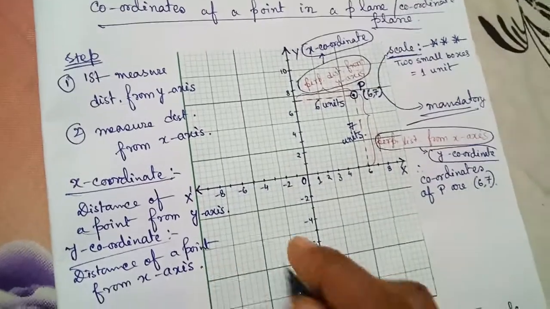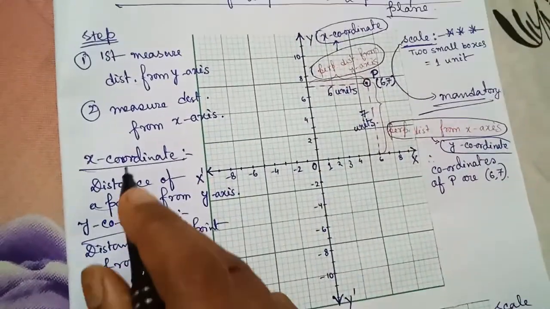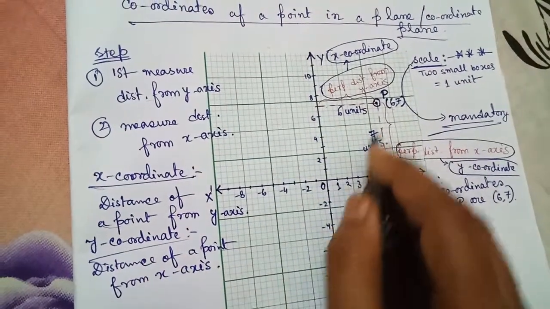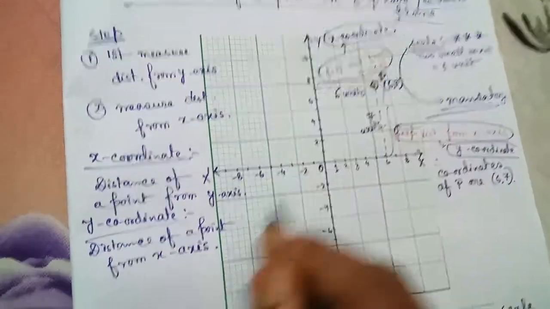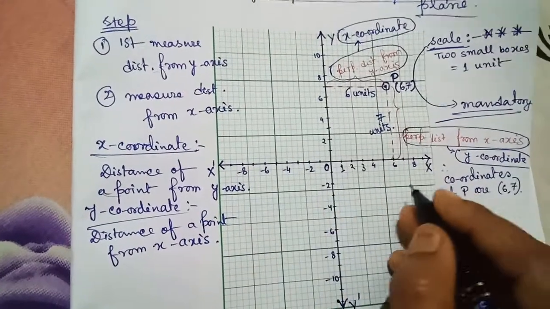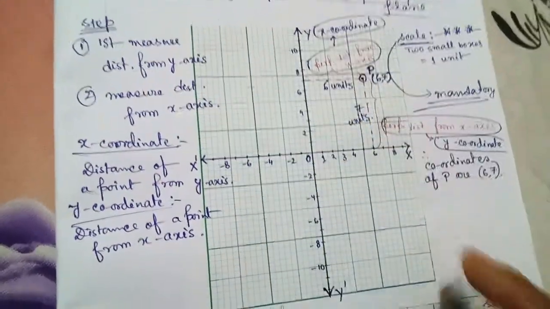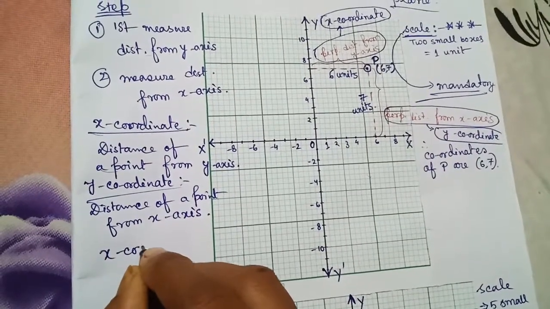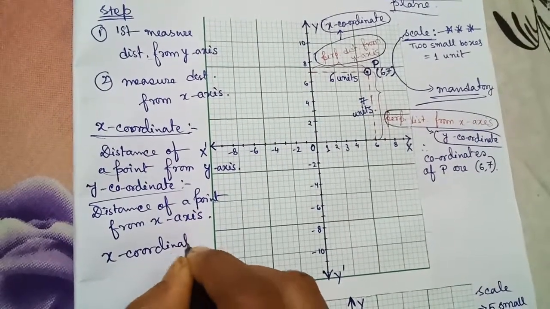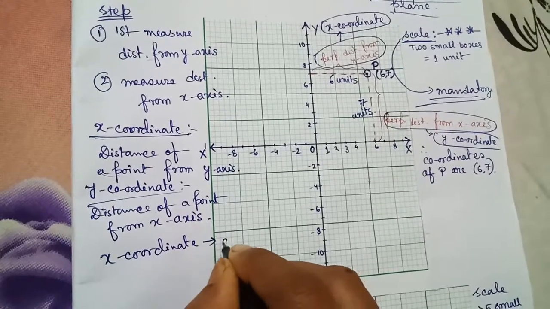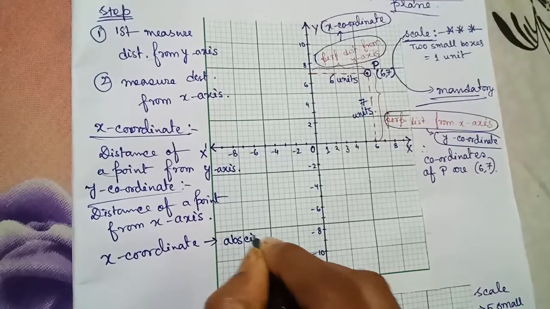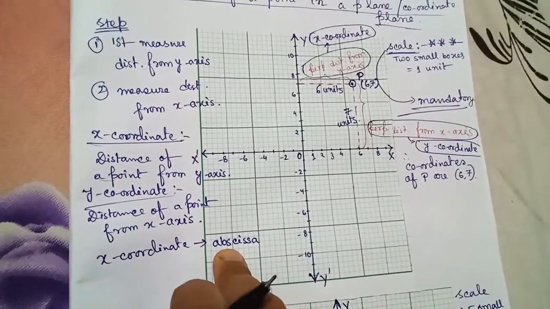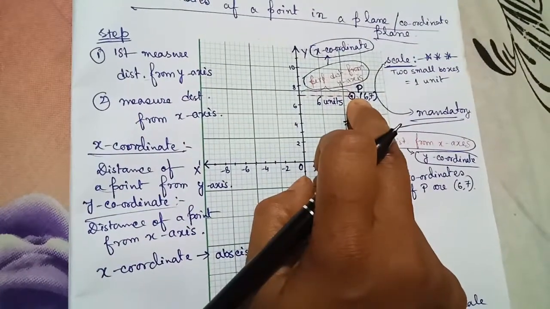Now what I told, the x coordinate will be the first element of the ordered pair, the y coordinate will be the second element of the ordered pair, and they have two particular names. The x coordinate's particular name is abscissa. So 6 is the abscissa of the point.